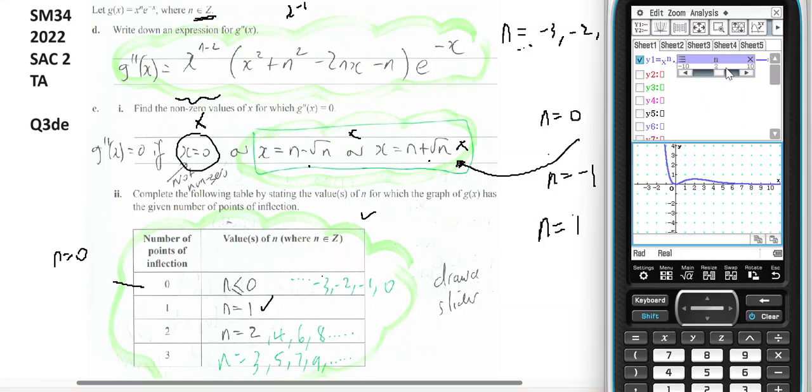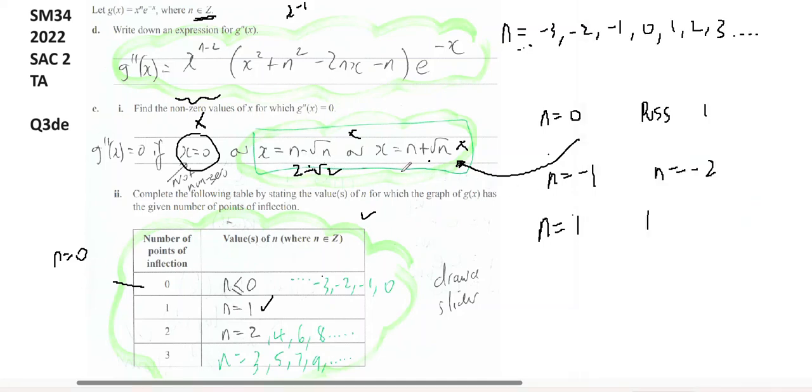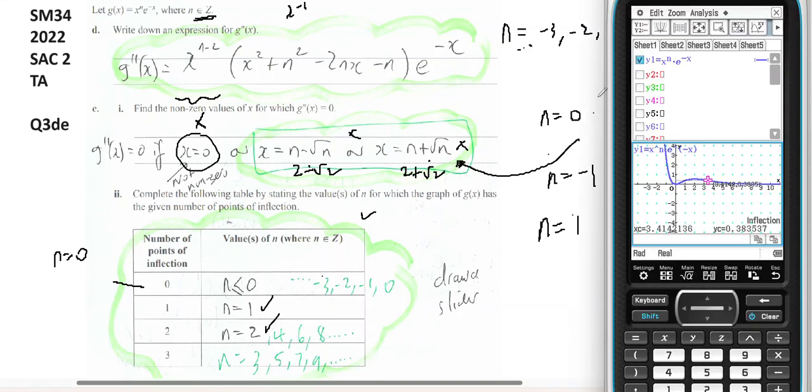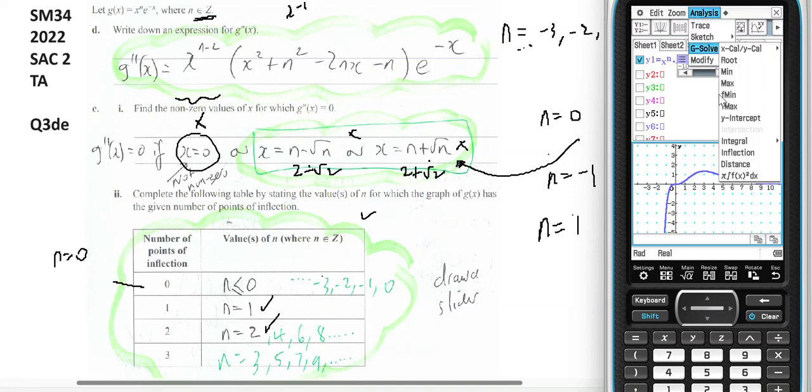When n equals 2, analysis, G-solve, inflection. I can see 1 there, and I can see 1 there. And when n equals 2, I'll get 2 minus √2 and 2 plus √2. I'm getting 2. When n equals 3, analysis, G-solve.